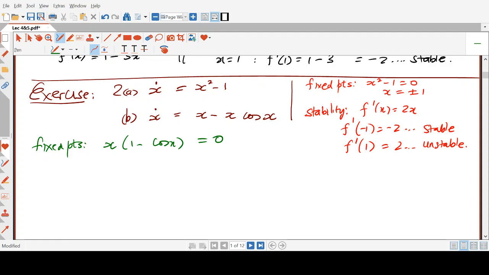Your fixed points will satisfy that equation: x into 1 minus cos x equals 0. So what are your fixed points, and how many are there? x equals 0 is clearly a fixed point. The other option is cos x equals 1.